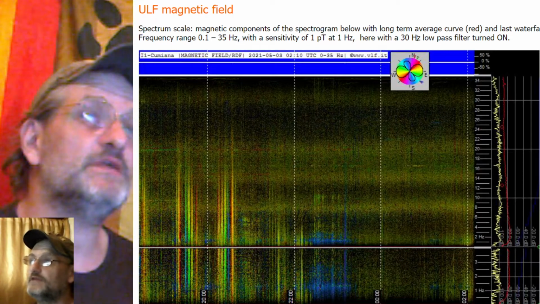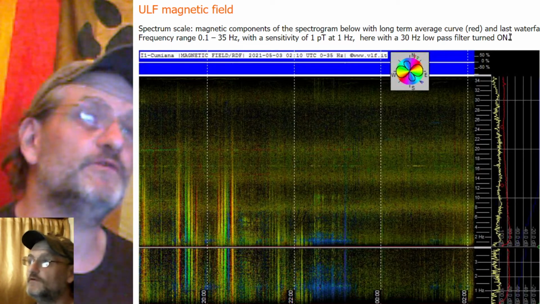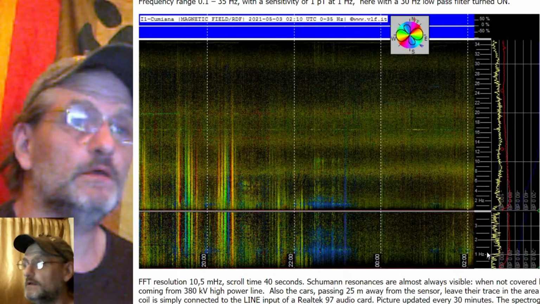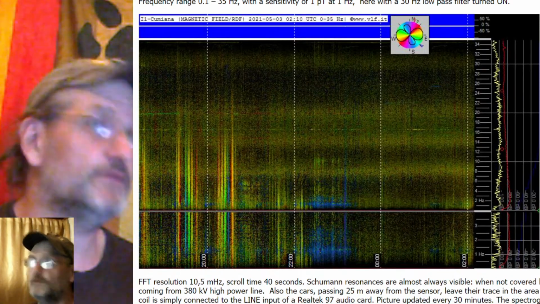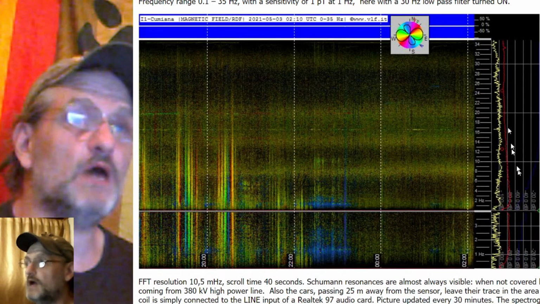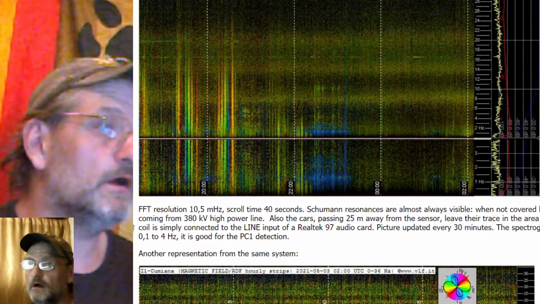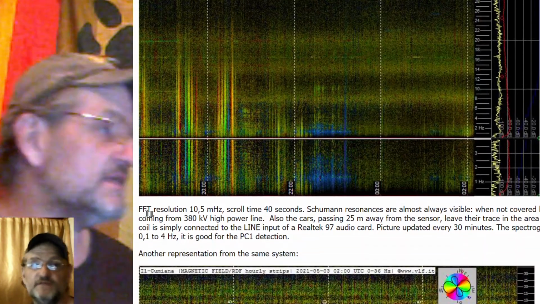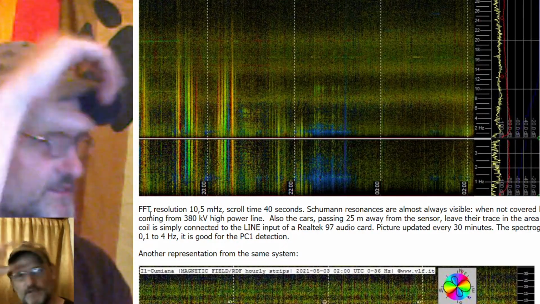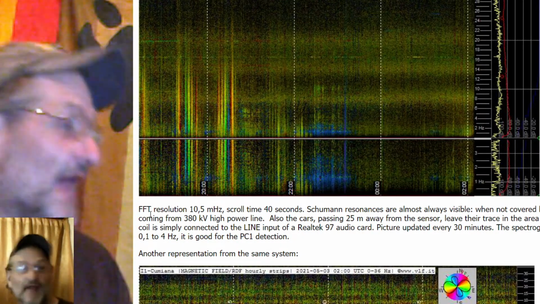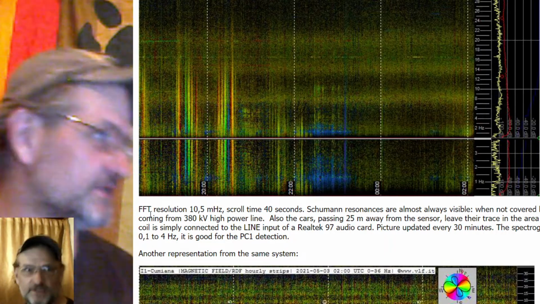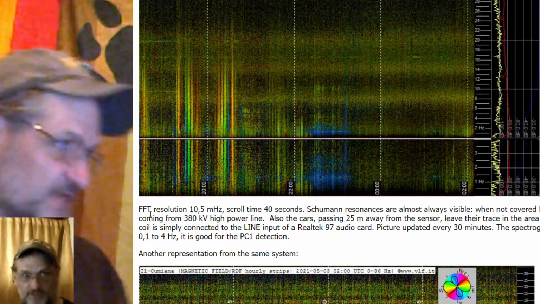Here with a 30 hertz low pass filter turned on. Okay? So they tell you they have a filter turned on here, 30 hertz. There should be a filter there, all right? FFT, and what FFT means is basically, it's math involved in this, right? There's equations involved in this. That's what that means.